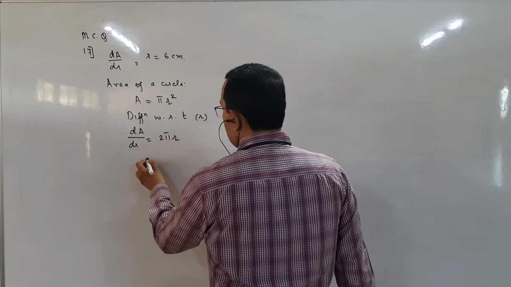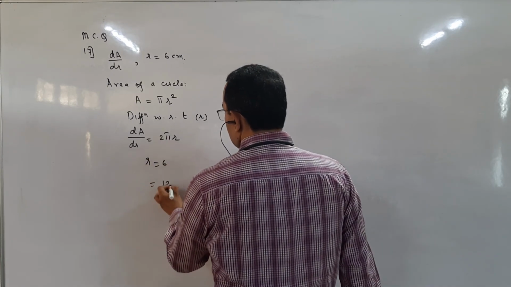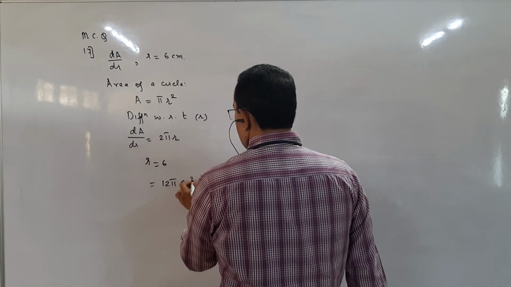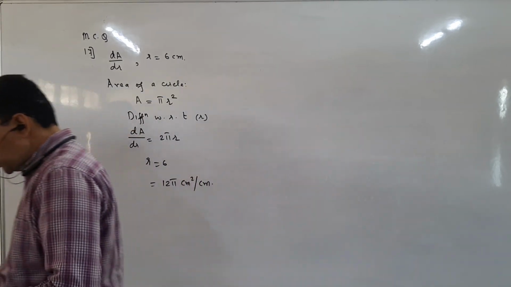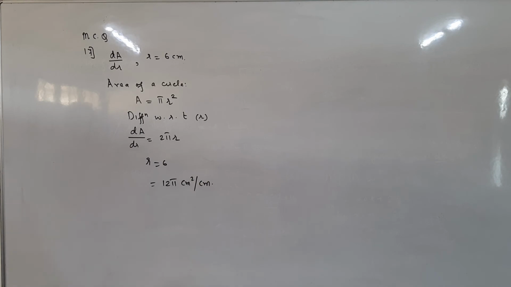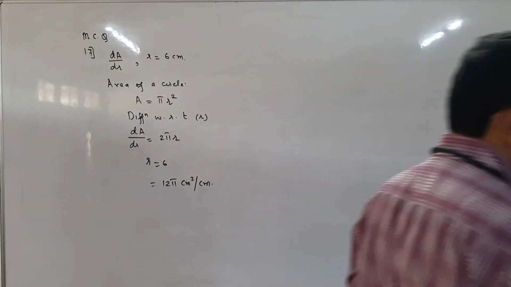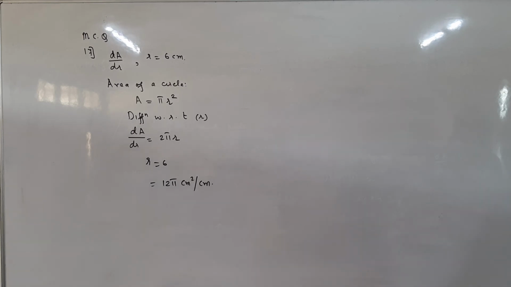Substituting r is equal to 6, this becomes 12 pi centimeter square per centimeter. Students, units are never to be cancelled. Don't write centimeter square upon centimeter and cancel; that is mathematically absurd, because we never cancel units.